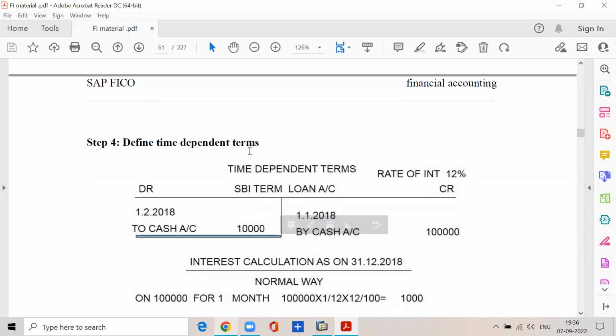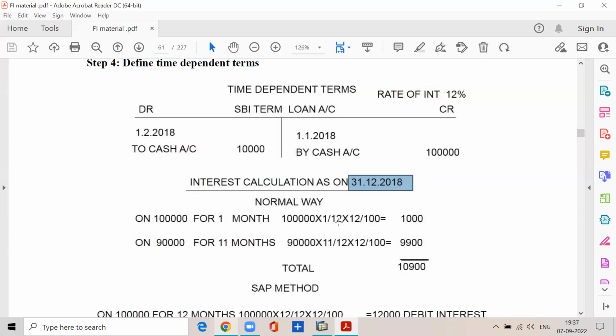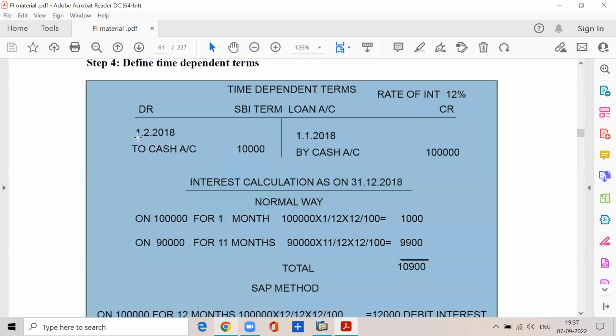Assuming that these are the only two business transactions in the term loan account, I want to calculate interest up to 31st December 2018. I want to know how much interest we have to pay up to 31st December 2018. So how do we calculate interest in this case? We have taken the term loan on 1/1/2018, 1 lakh, and you have paid 10,000 on 1st February 2018.